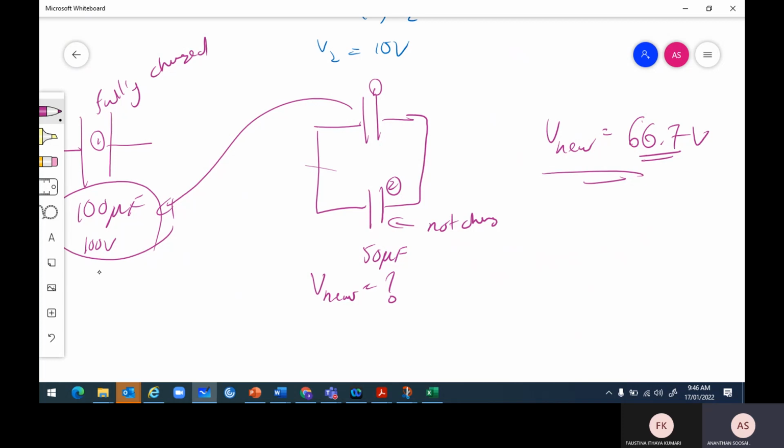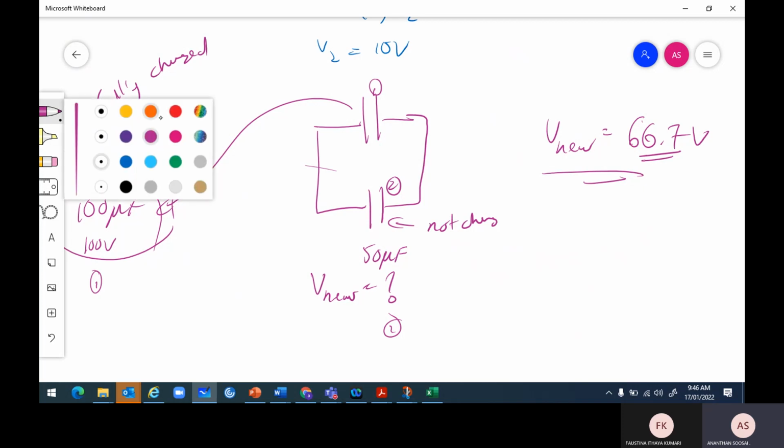What quantity is the same before and now? The charge is the same. Charge is conserved. The charge at the beginning is the same as now, just relocated. The total charge is the same.